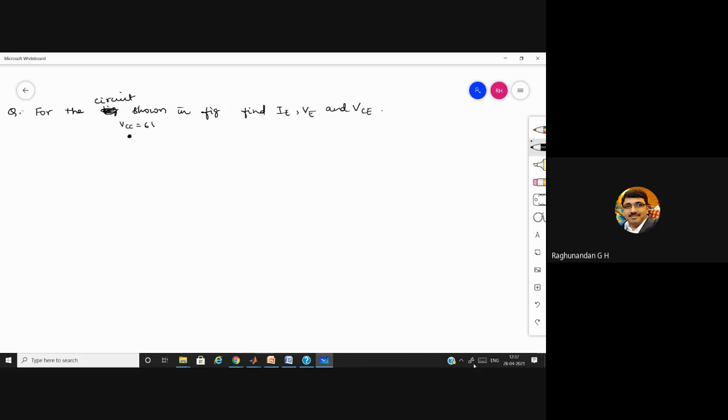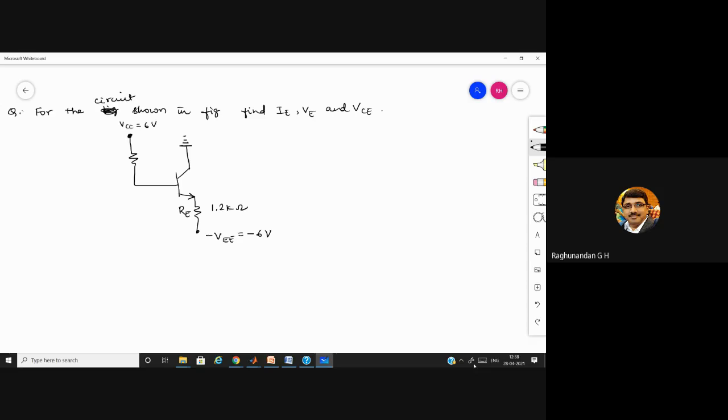VCC is equal to 6 volt, minus VE is equal to minus 6 volt, RE is equal to 1.2 kilo ohm, and here this is grounded.